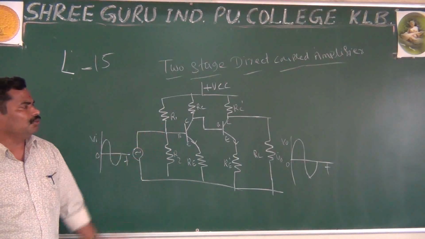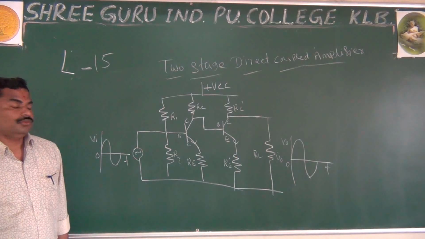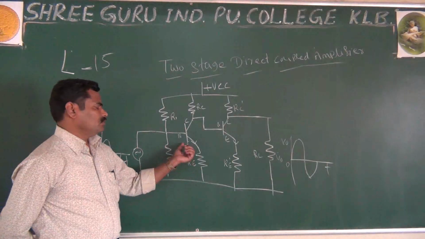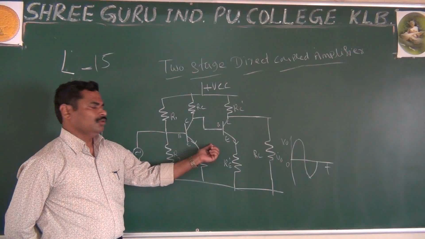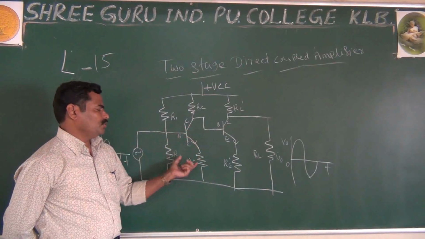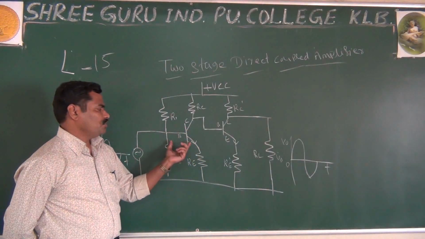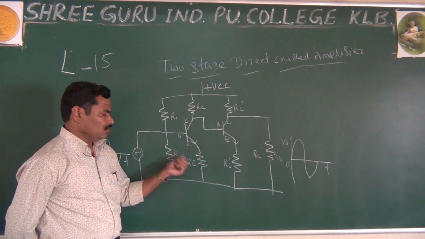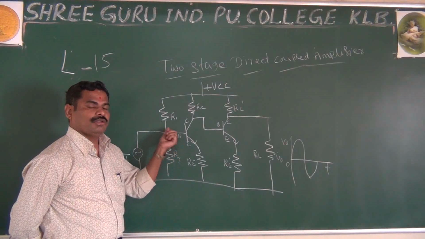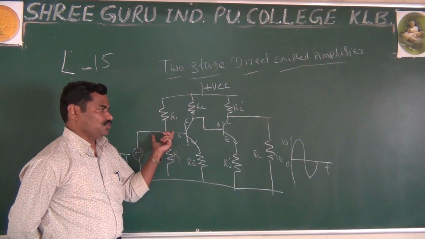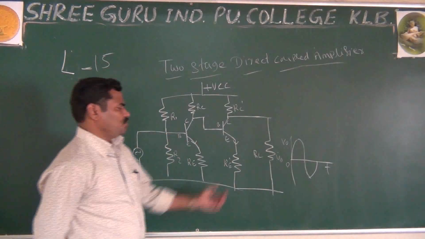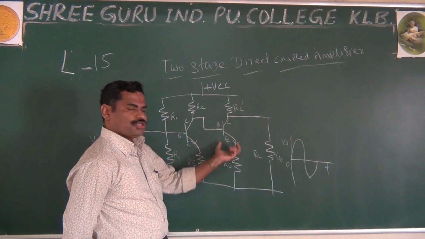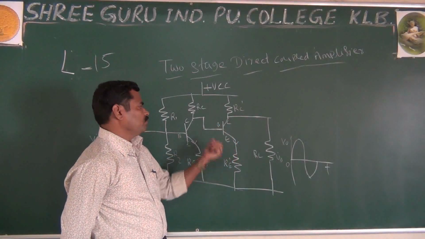First, let us write about the construction. Actually, I said we are using two NPN transistors. In the first stage, you are using R1, R2, RC, and RE that make the biasing circuit for the first stage. And what about the second stage? How can we bias the second stage amplifier? That is very simple.